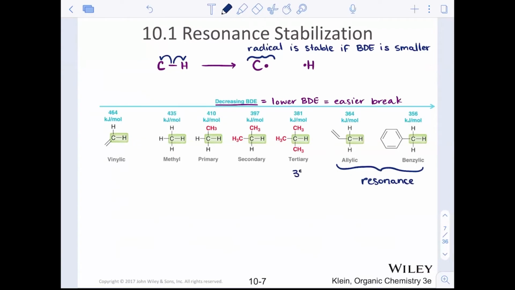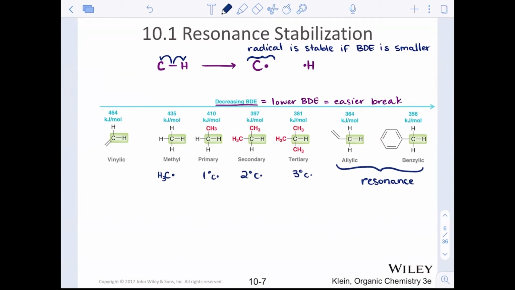And then our tertiary radical, our secondary radical, primary radical, and our methyl radical. That's the same stability we saw before. We're going to add in this vinylic radical, right?